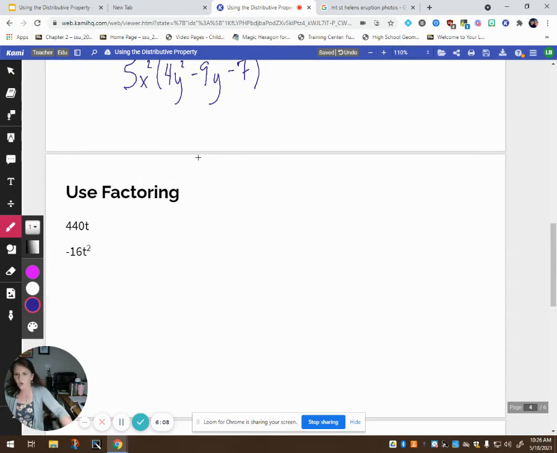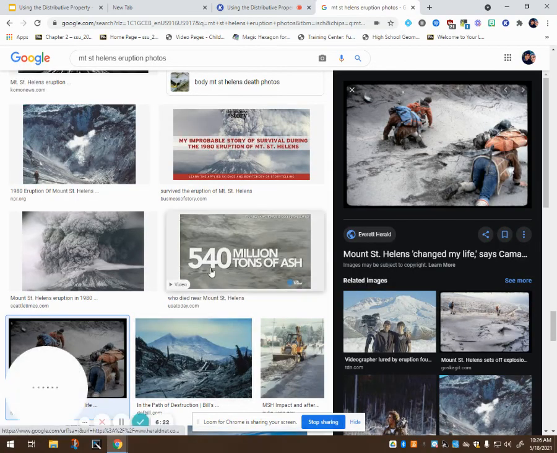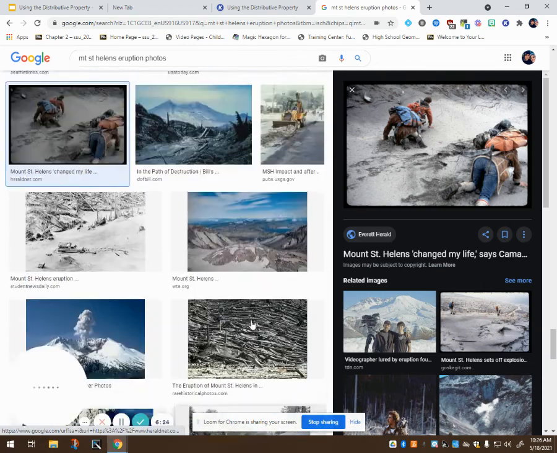All right, so we have a word problem that we're going to use factoring to solve. If we study volcanoes, Mount St. Helens is a very interesting volcano to study the eruption of. I looked it up earlier and was looking at some pictures. It's pretty impressive.